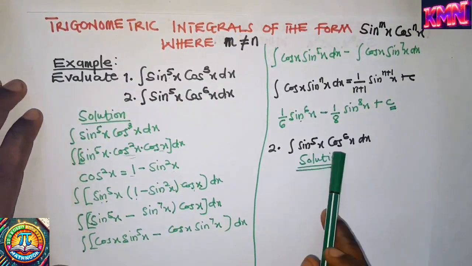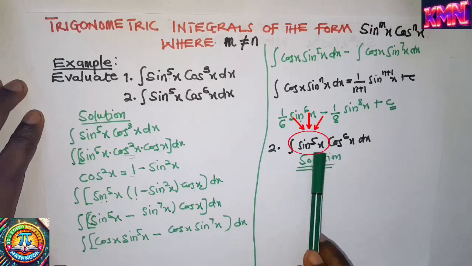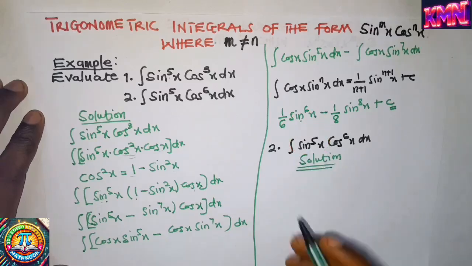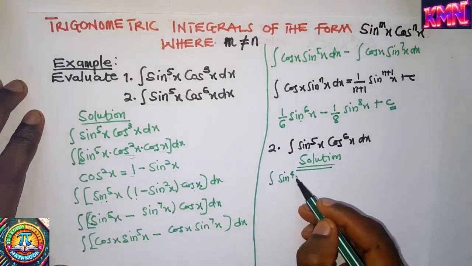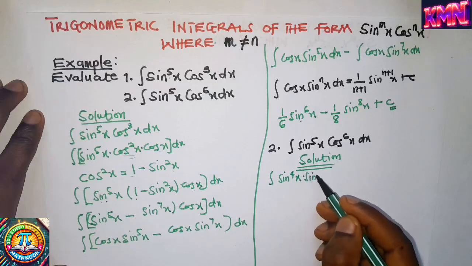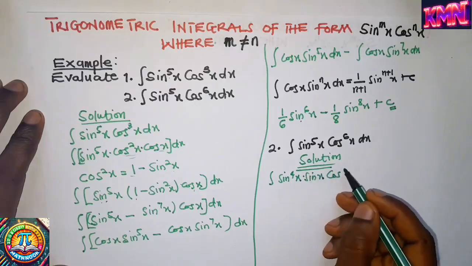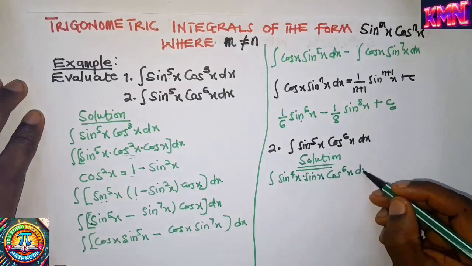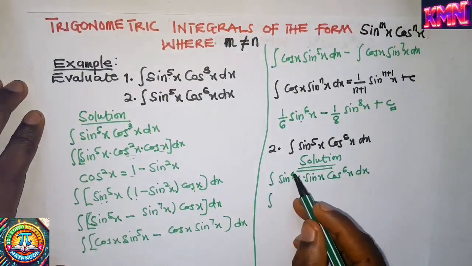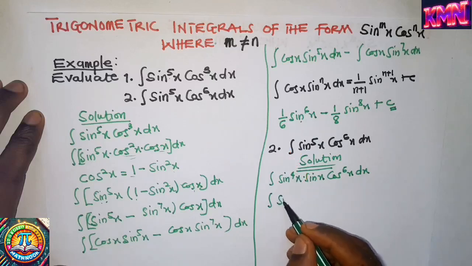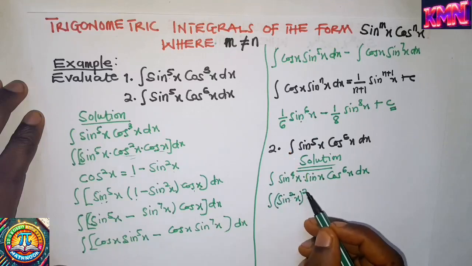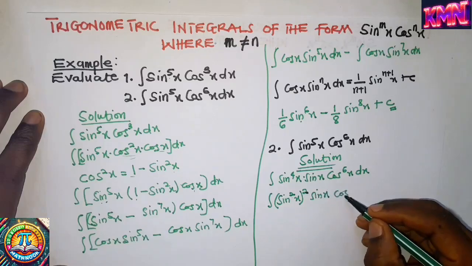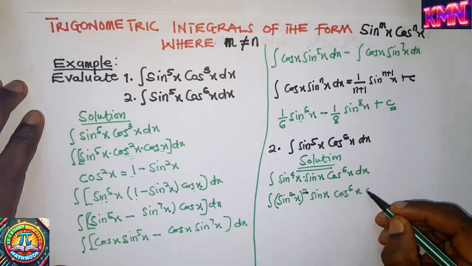In this particular situation, we need to split the trig ratio with odd power. So we are going to get integral of sine power 4x times sine x cosine power 6x dx. Then again we expand this, and that will give us sine squared x all to power 2, sine x cosine power 6x dx.